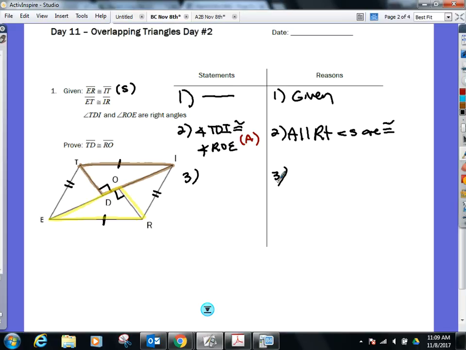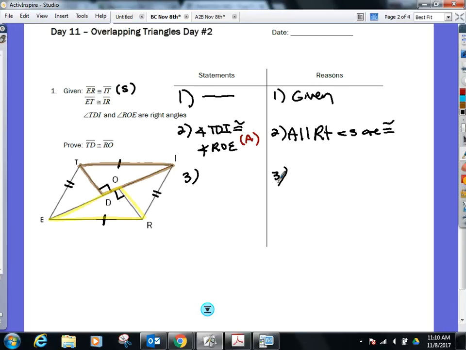Mike? Could you say OR and TD are parallel? You could. Where are we going to go with that, though? How are we going to use those? But that doesn't make them congruent. Oh, yeah. Parallel lines aren't congruent. So you could say they're parallel, but they're not congruent.